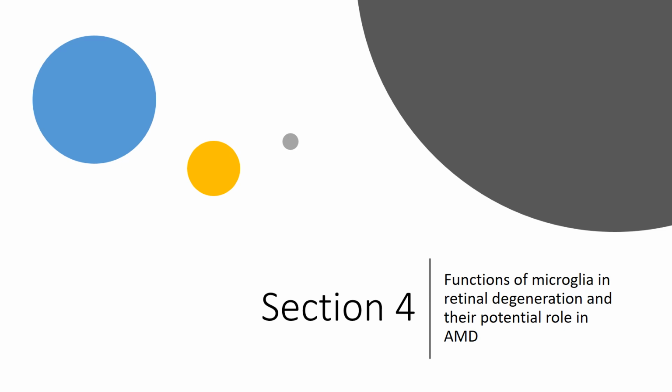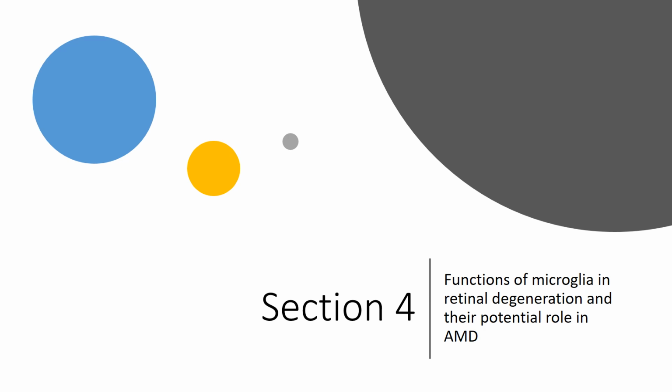So to summarize, it is quite apparent from these multiple models, again, the light toxicity model, the sodium iodide injury model, as well as the inherited retinal dystrophy model, that endogenous microglia have dominant access to the subretinal space and the most outer retinal layers in the degeneration context.